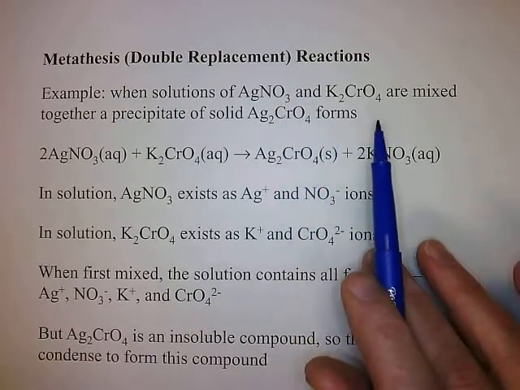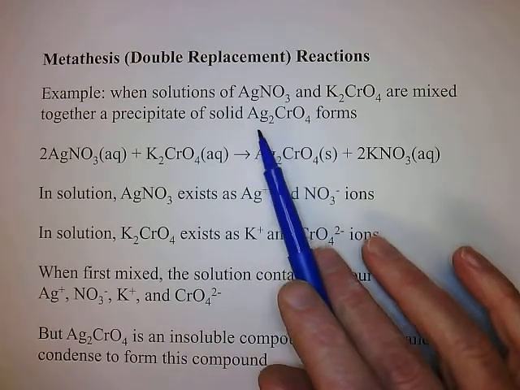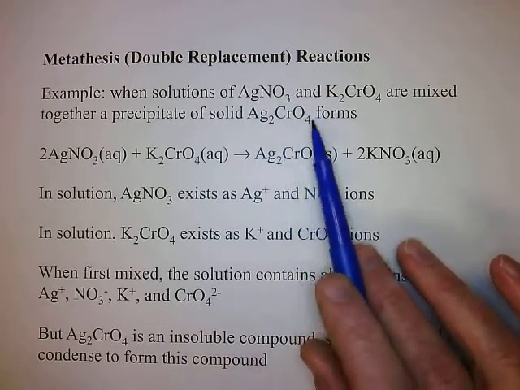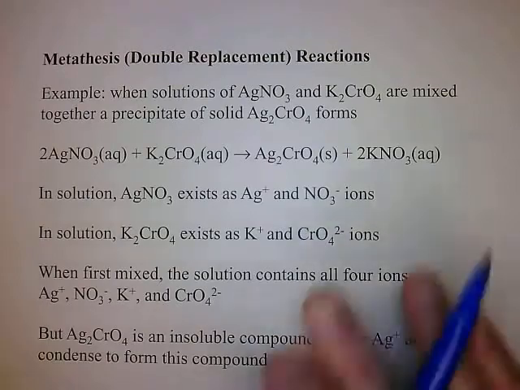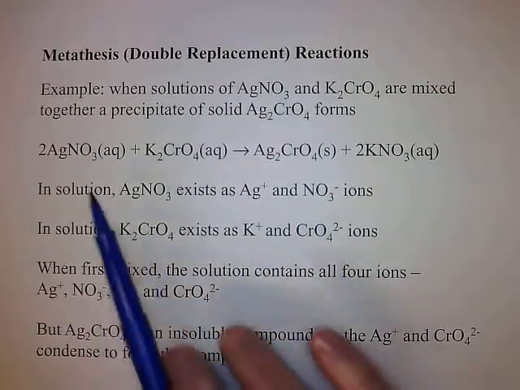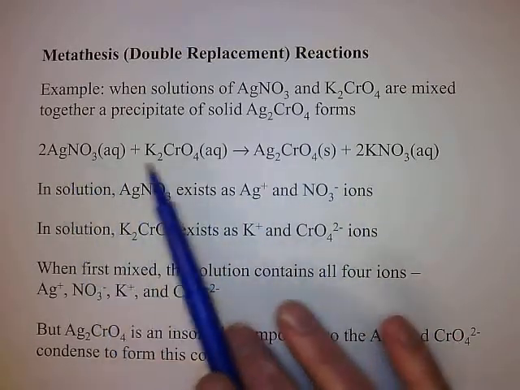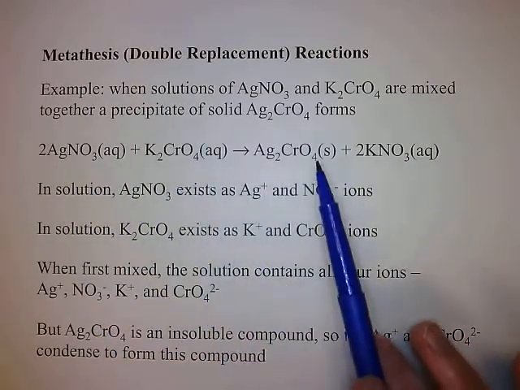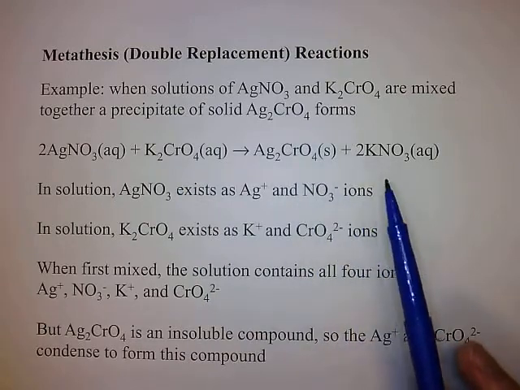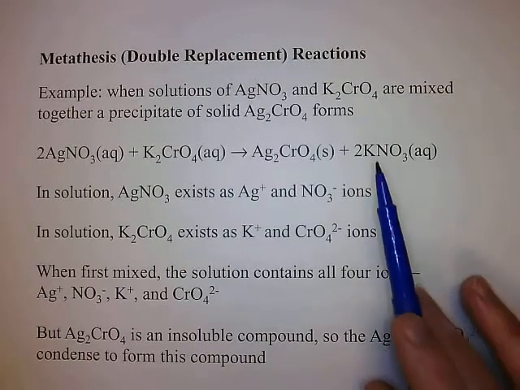If you mix the solutions together, you'll see a brick red silver chromate precipitate. So the reaction is 2 silver nitrates, and this is already balanced. Silver nitrate plus potassium chromate gives you silver chromate plus potassium nitrate.